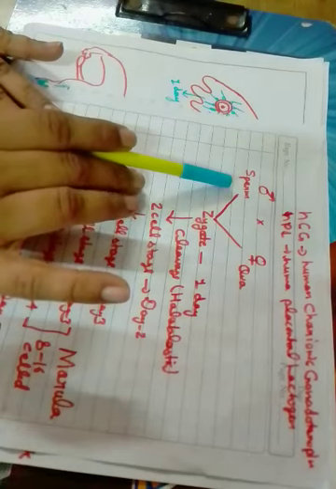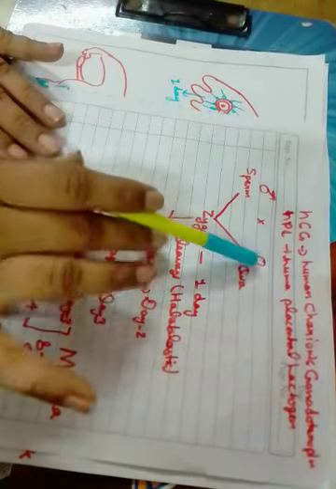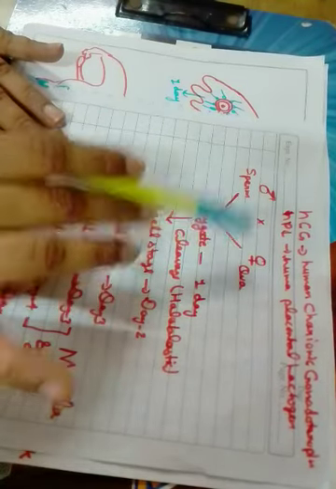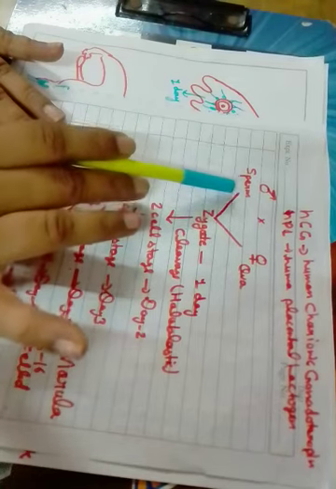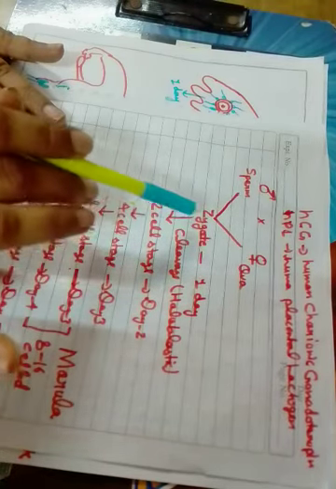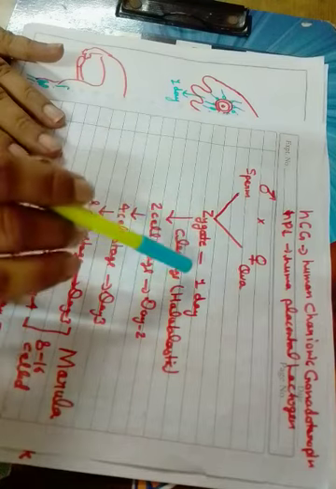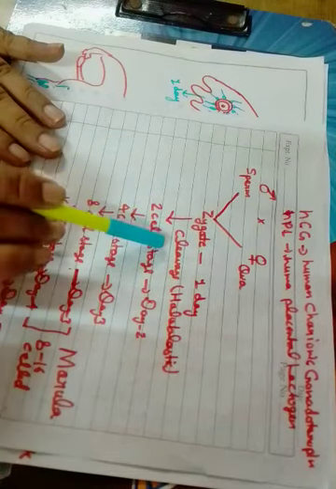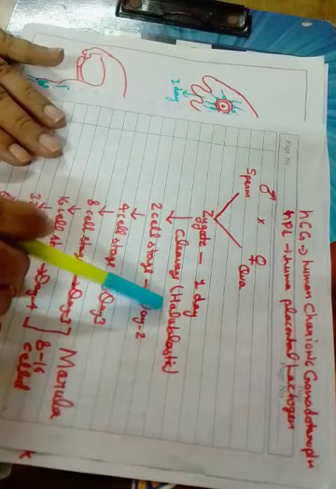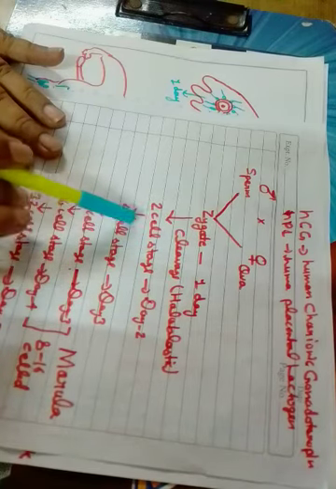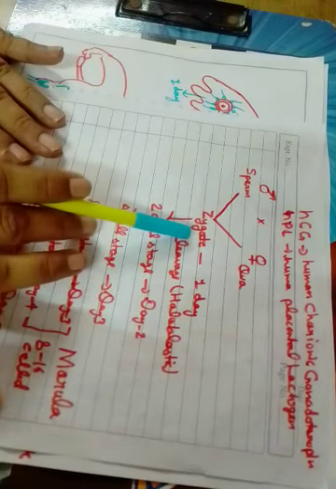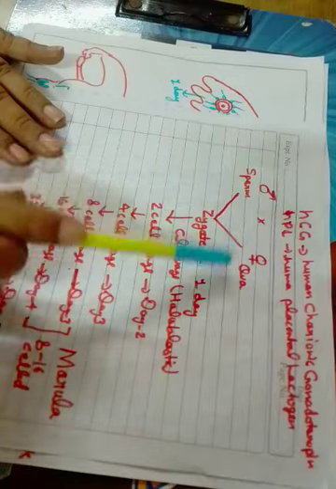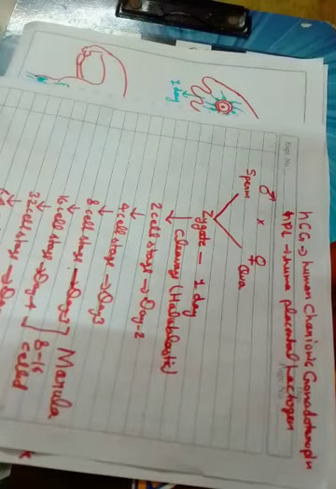Sperm produced from male, ova produced from female. The fusion of male sperm and ova forms the zygote. On day one, the zygote undergoes holoblastic cleavage and changes into two cells. Zygote is diploid. Sperm and ova are haploid.